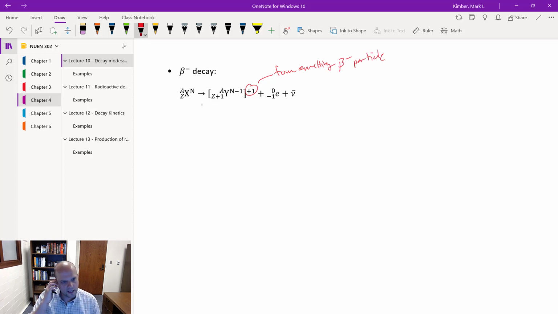And because I emitted that, I've got a +1 charge of that atom, and this here is my beta minus particle. Again, we'll use that nomenclature, beta minus. Those two are going to be equivalent. We will use a different label for the atomic electron in just a minute. And then of course this one here is my antineutrino.